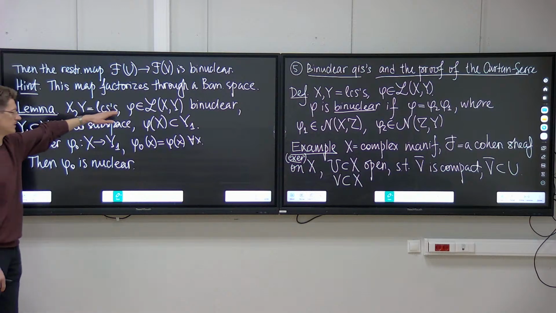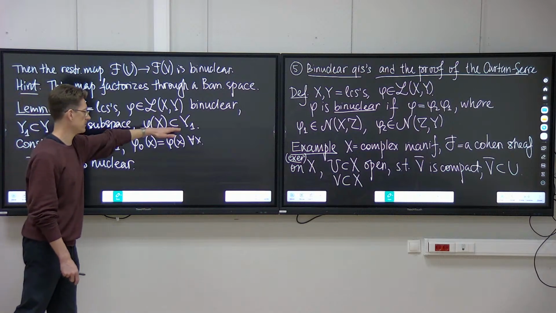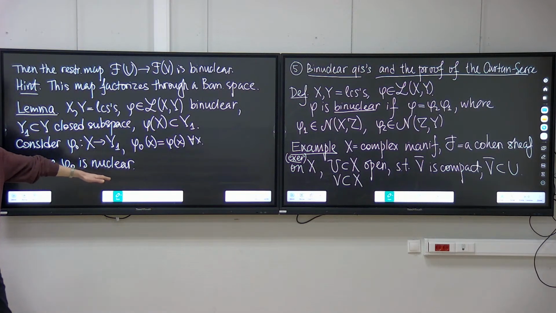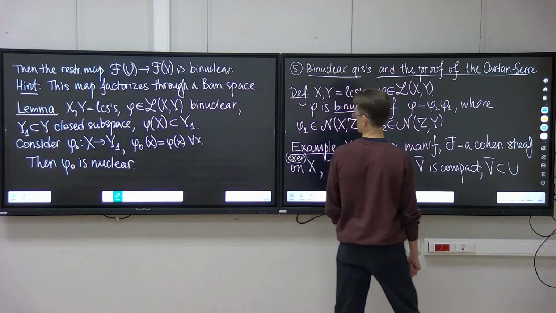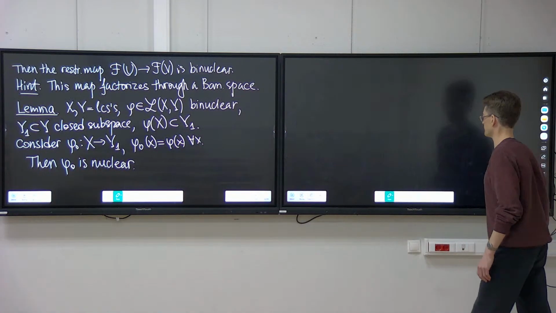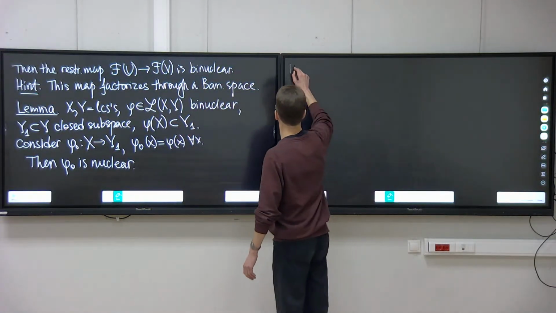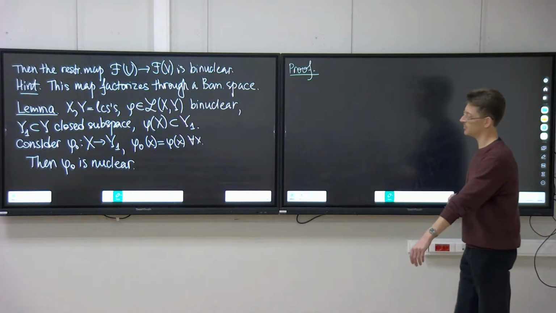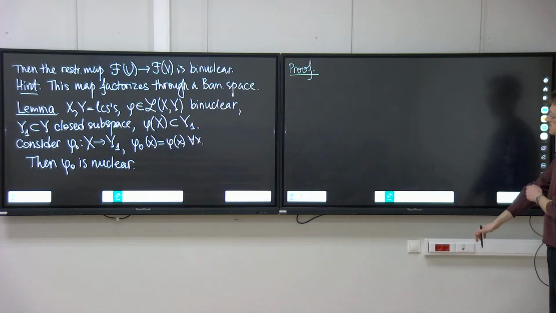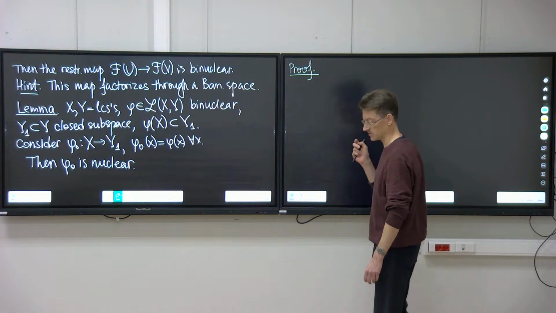If phi is nuclear and its range is contained in Y1, then phi 0 is not necessarily nuclear. But for binuclear maps, this is not possible. The proof is based on a trick which was already used when we discussed stability of the class of nuclear spaces.